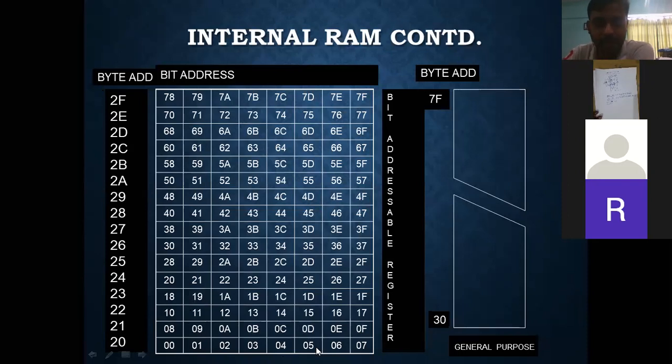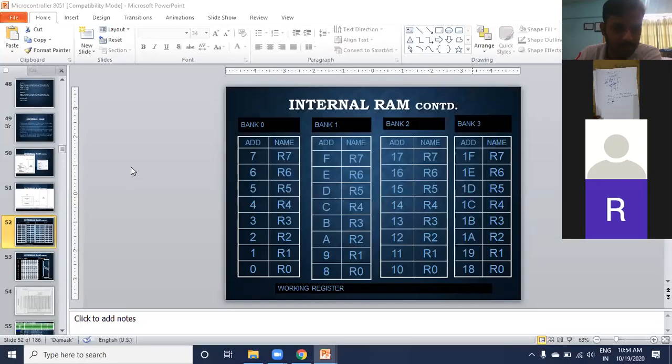Now to understand it better, if we say that the bit address is 43, what is the significance? Now just look into this, just a minute. Now 43 is here.